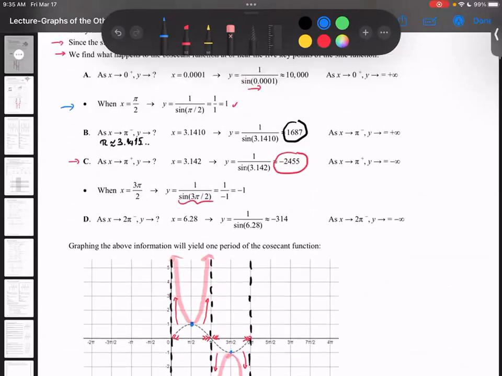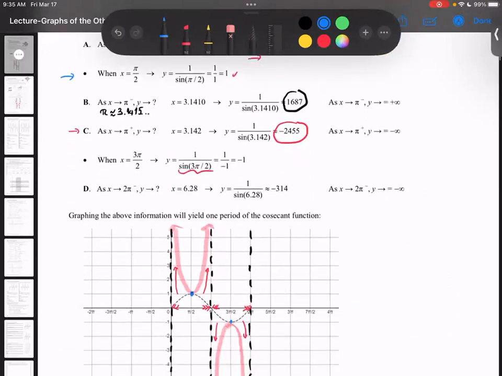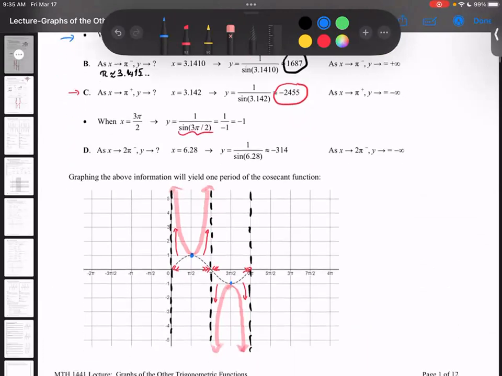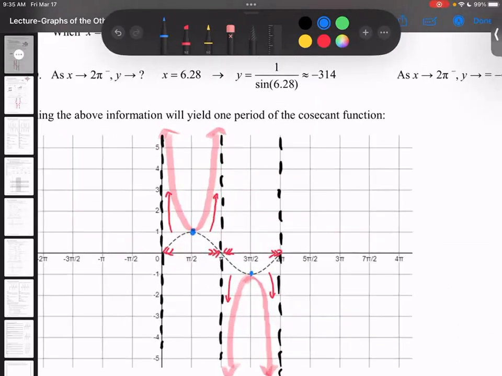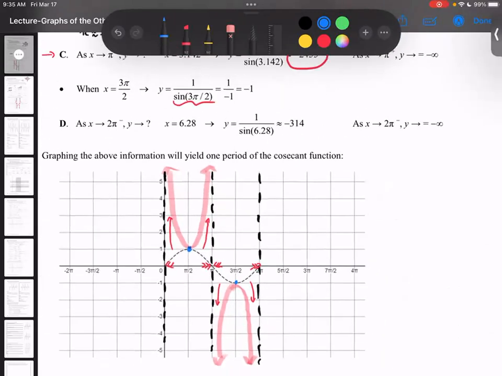If you look at the cosecant graph, the very first one I did, you notice that the vertical asymptotes of the cosecant graph happened to be on the x-intercepts of the sine graph, right? So let's write that down.